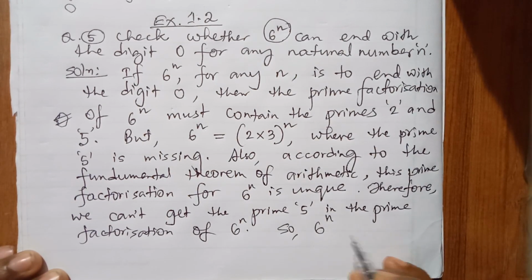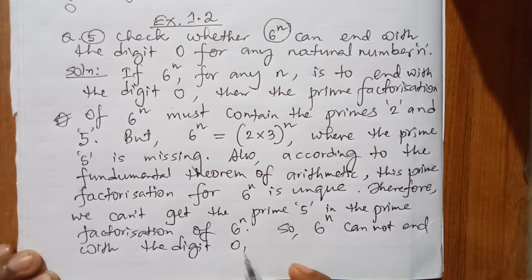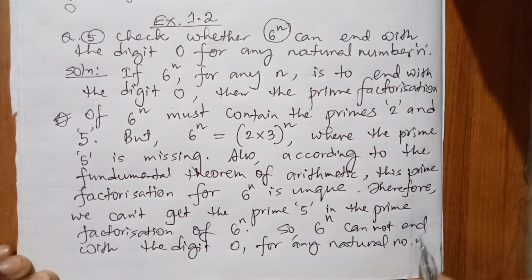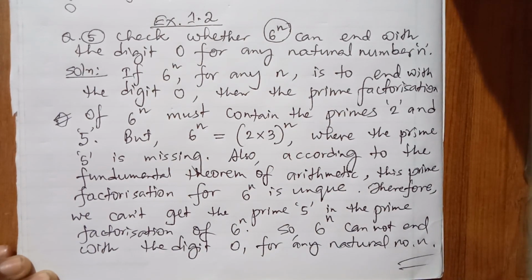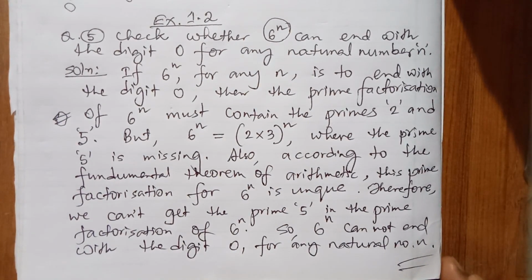So 6 to the power n cannot end with the digit 0 for any natural number n. So this is the solution. We have just used the concept of the fundamental theorem of arithmetic. So I hope you have understood.